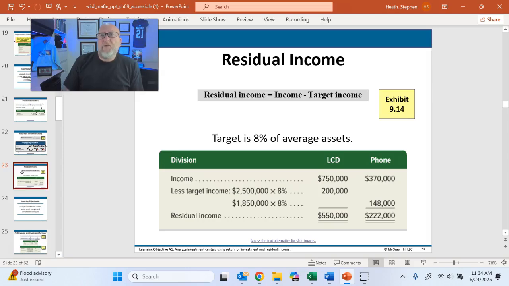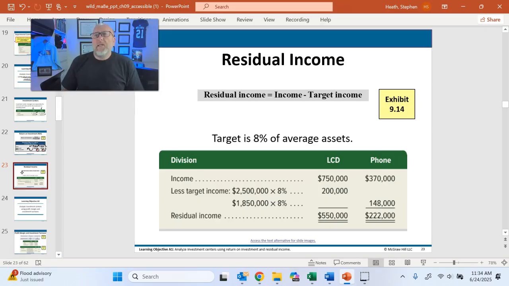Second, residual income, right? So what I mean by residual income is essentially how much additional income we are generating over a normal level. So are we substantially outperforming what we thought, or are we coming up somewhat short?